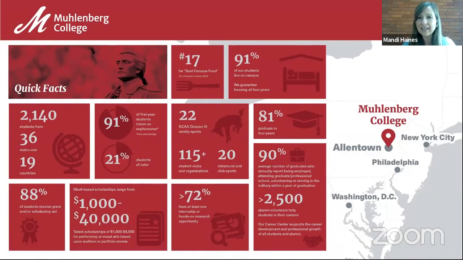So Muhlenberg is a small liberal arts college, and you've probably heard of the term liberal arts already. Sorry, it's a tongue tie for me this morning. But that basically means that the education our students receive has both depth and breadth.